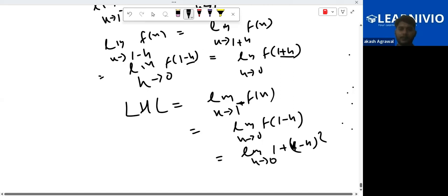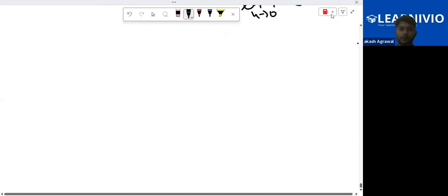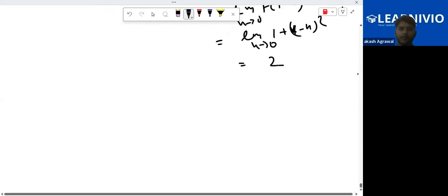Now to solve this limit, first method is to use direct substitution. So we can put the value of h as 0 directly, so the answer will be 2.